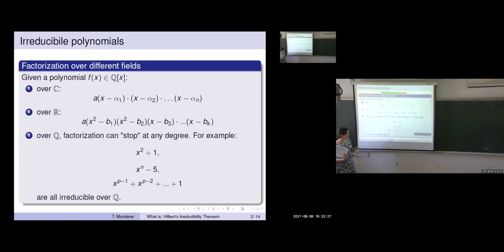Also x^n minus 5, and the polynomial x^(p-1) plus x^(p-2) and so on plus 1, which is called a cyclotomic polynomial. They're all well-known examples of irreducible polynomials over the rationals, which you can't factorize any further. For this talk, we'll be interested in things that happen over the rationals.